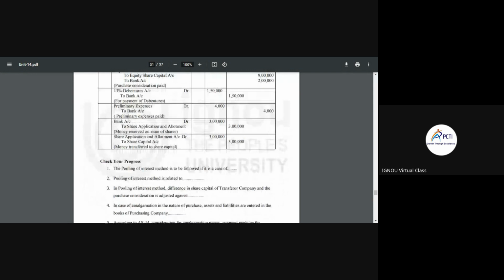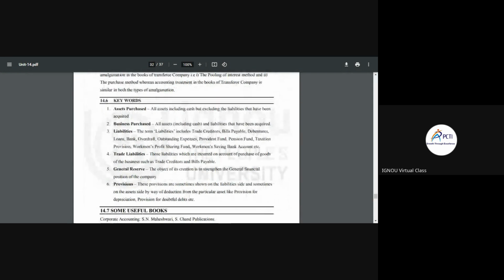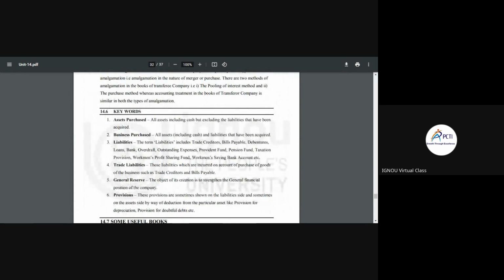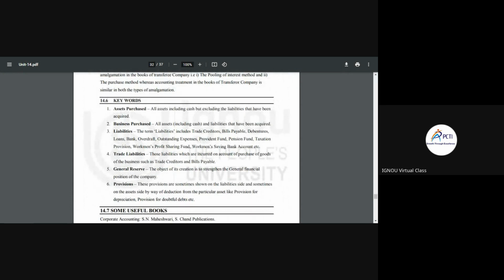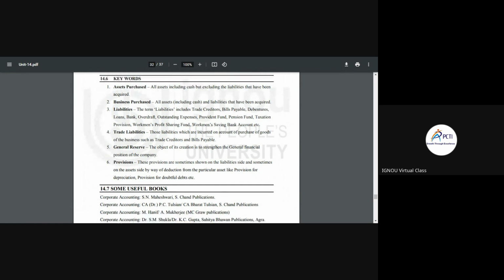So in this way you need to solve all the questions. Here are some keywords you are having, like asset purchase, business purchase, liabilities. Liabilities consist of trade creditors, bills payable, debentures, loans, bank overdraft, outstanding expenses, provident fund, pension fund, taxation provision, workmen profit sharing fund, workmen savings bank account.